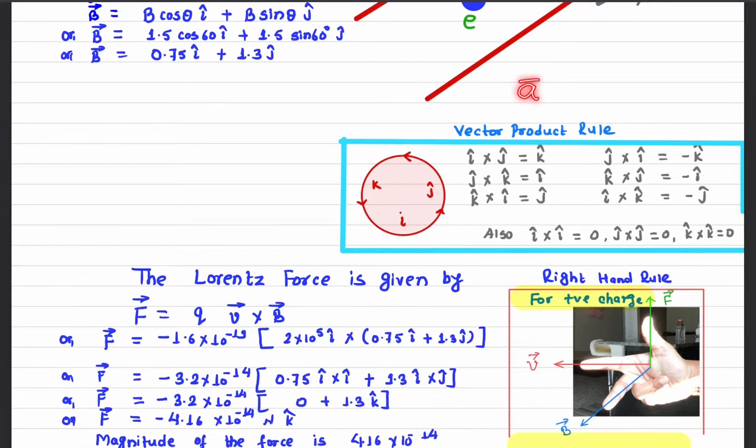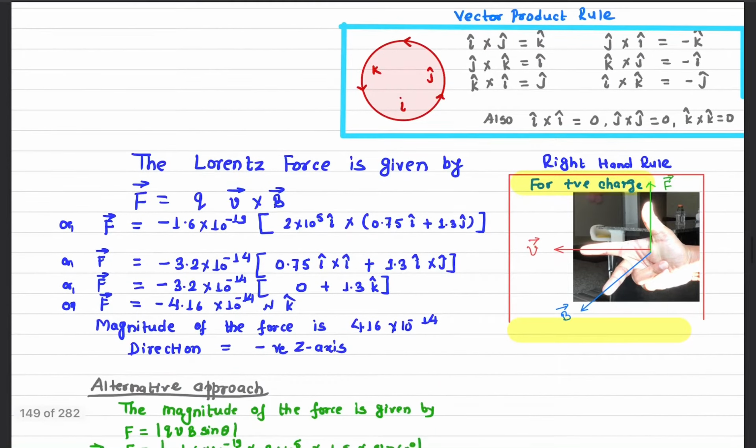The reason is the way the vector product is defined. If you have two vectors, a cross b, it is defined as ab sine theta times the n vector. If you multiply the same vector i and i, then this angle theta will be 0, so the result is 0. What you see here is that when I multiply i and j, the third component is always the k vector, which means it is always perpendicular to both i and j vector.